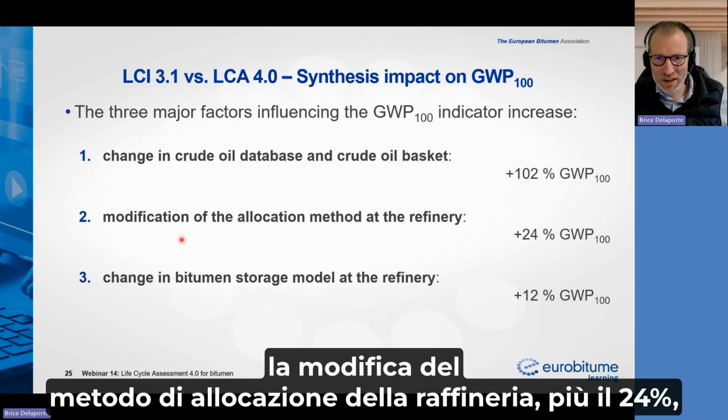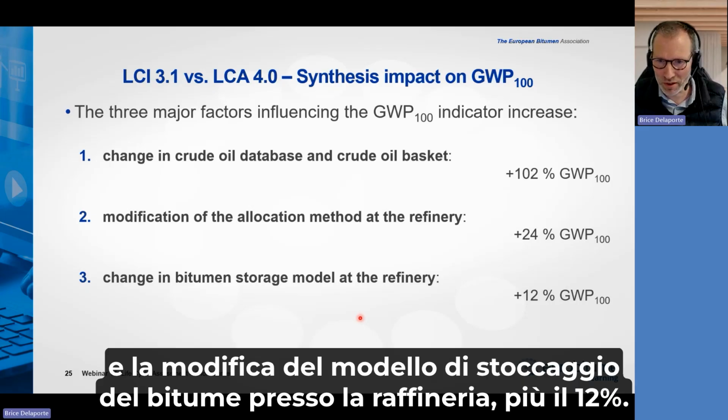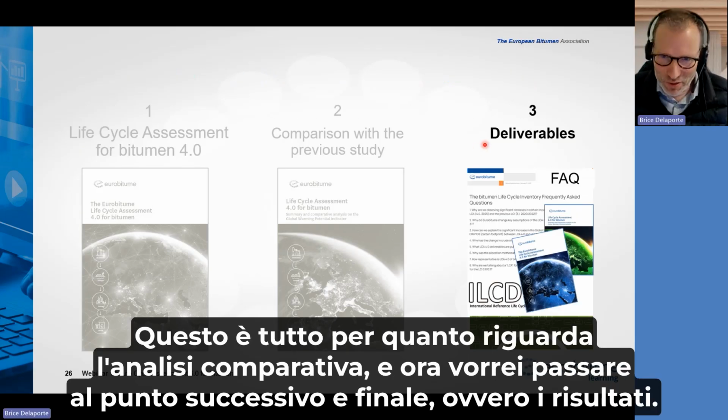The modification of the allocation method at the refinery, plus 24%, and the change in the bitumen storage model at the refinery, plus 12%. So that's it for this comparative analysis, and I propose you now to move on to the last point, which is the deliverables.